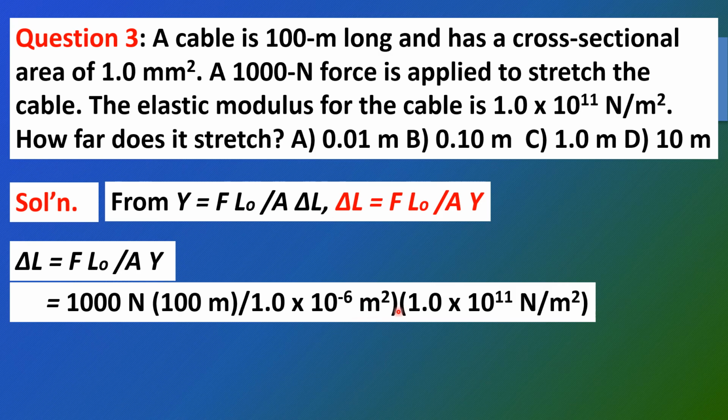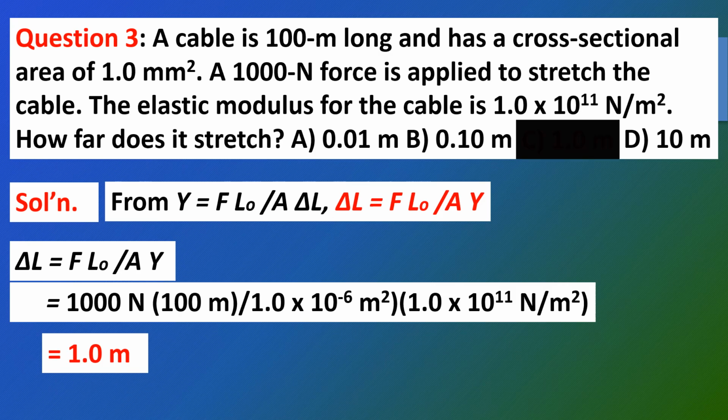And that area is to be multiplied to the value of Young's elastic modulus, which is 1 times 10 raised to the 11th power Newton per meter squared. In doing our math, we will come up with the value for the elongation or change in length delta L equal to 1.0 meter. So our answer to the question, of course, is letter C, 1.0 meter.